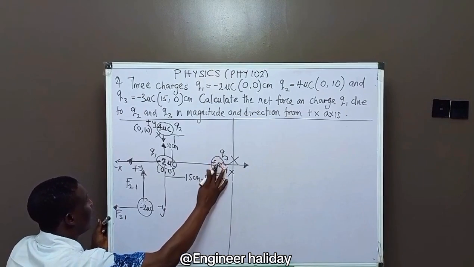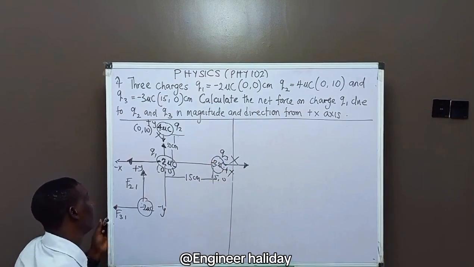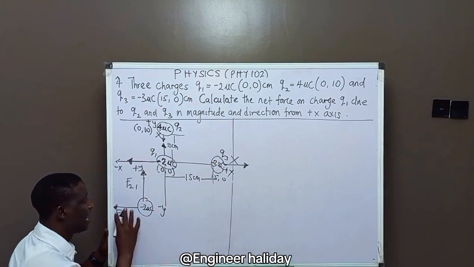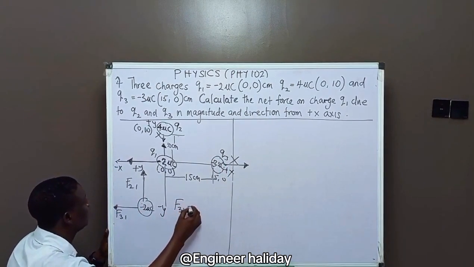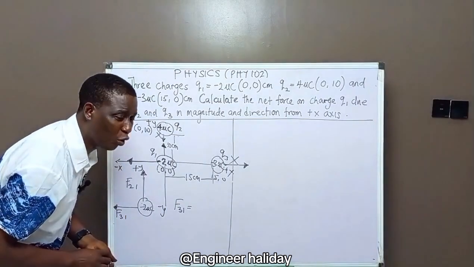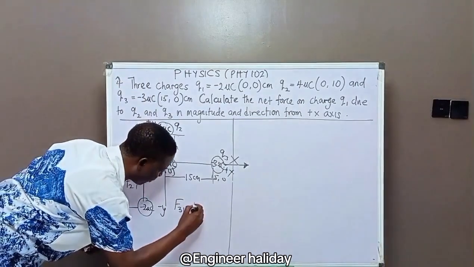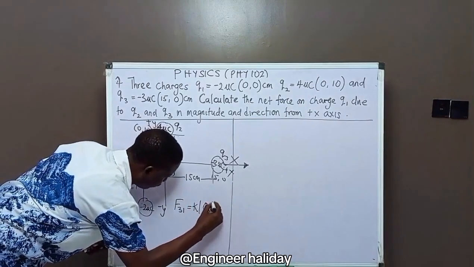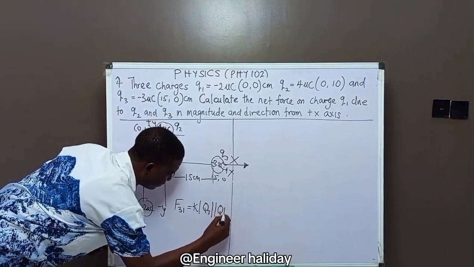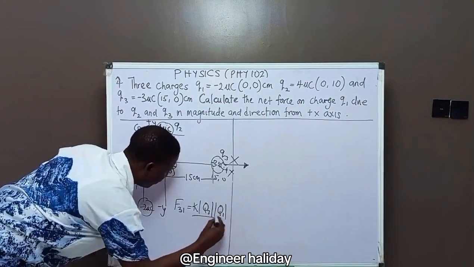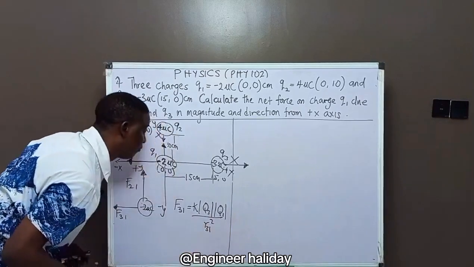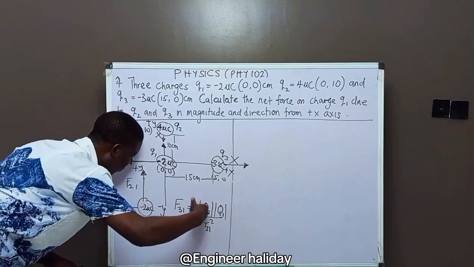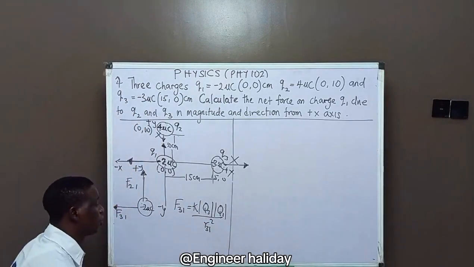Now if you call that one F31, we now find F31. Don't forget, when you are finding F31, you look for it in terms of magnitude, so we are going to take absolute values. F31 equals k times absolute of Q3 times absolute of Q1 over r31 squared. Don't ever allow the minus sign to come out from here, so please ensure you do that.